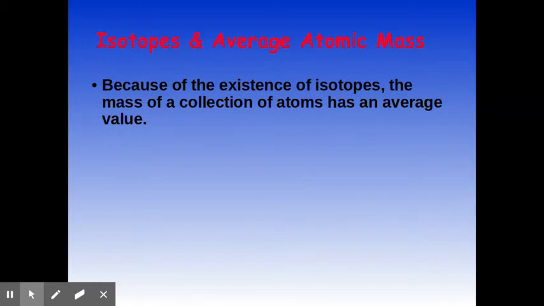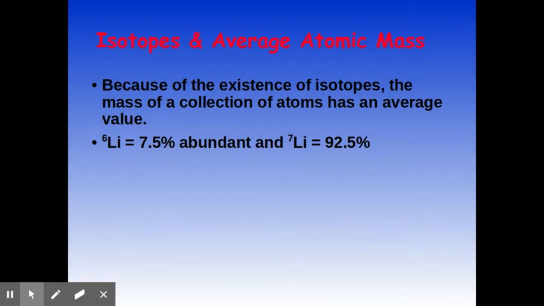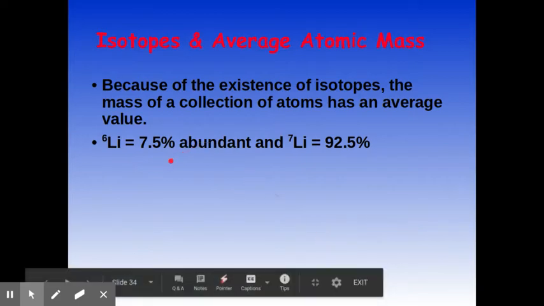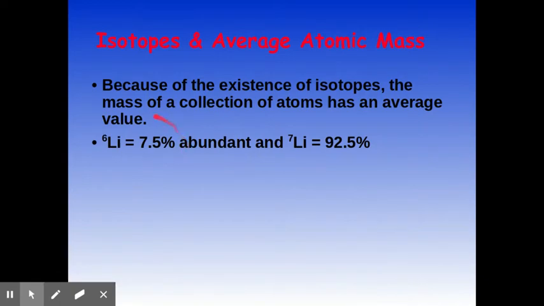All right, because of the existence of isotopes, a collection of atoms has an average value. So again, here's two types of lithium. Lithium 6, lithium 7. To figure out the average atomic mass, we're going to take the percentage, turn it into a decimal, so move it over twice, divided by 100.